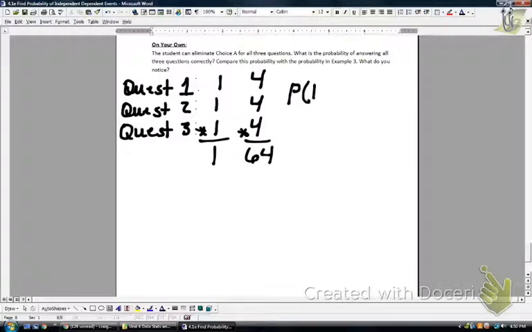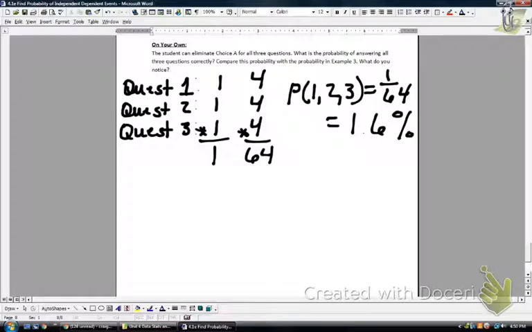So the probability of 1, 2, and 3 guessing correctly is 1 out of 64. And that 1 divided by 64 comes to be about 1.6% if you divide that on your calculator. So there's my probability for answering all 3 questions correctly if I just guess.